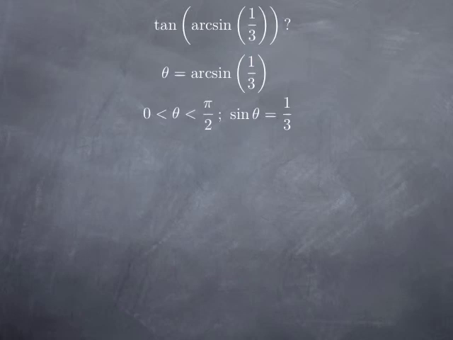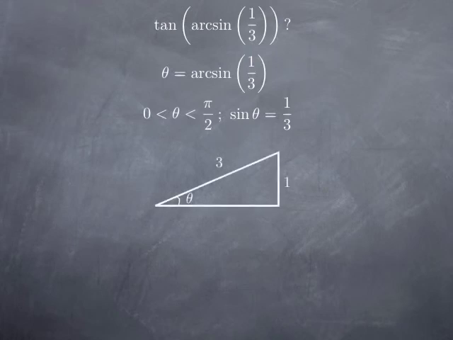We can interpret that graphically as the ratio of the opposite side to the hypotenuse in a right triangle is 1 to 3. The tangent of that angle is going to be 1 over L, where L is the third side in the triangle, in other words, the adjacent side to the angle theta.